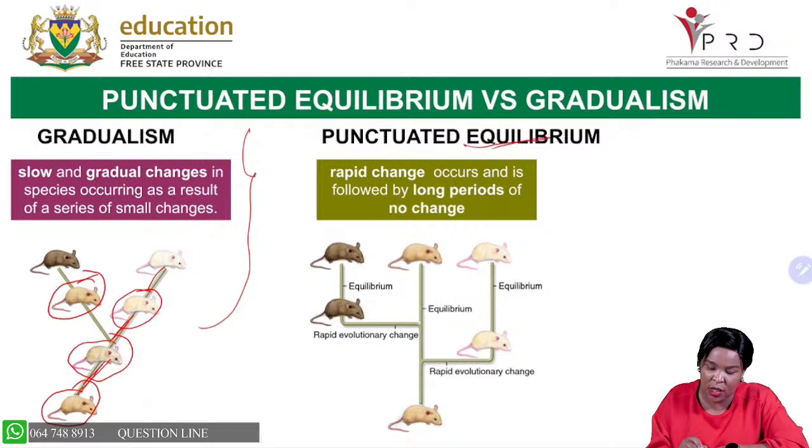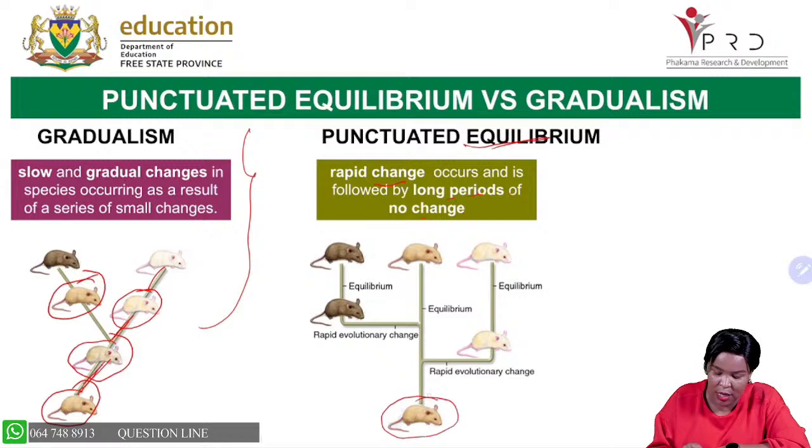However, with punctuated equilibrium, rapid change occurs and it is followed by long periods of no change. So you see from this ancestor species, there was no change for a long time, and then rapidly, when the diagram changes, there's a sharp curve to the right here.